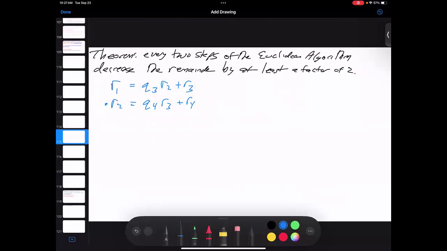So we have 0 less than or equal to R3 less than or equal to R2 minus 1, 0 less than or equal to R4 less than or equal to R3 minus 1. I claim R4 is less than or equal to 1/2 of R2.